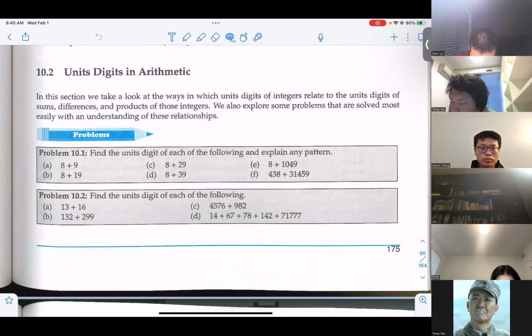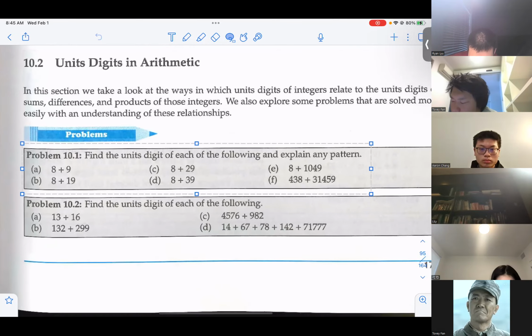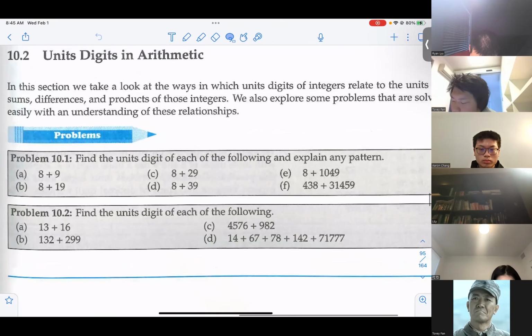Okay, so question A, this should be very easy. Because these are just in base 10, okay, these are decimal. So find the units digit of each of the following, and explain any pattern. So let's have a look.